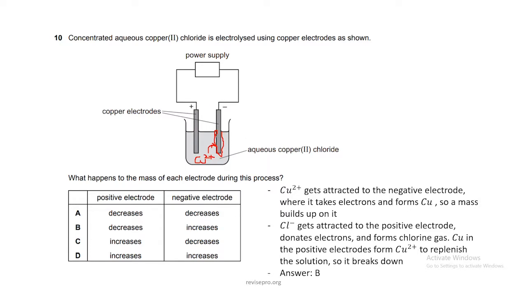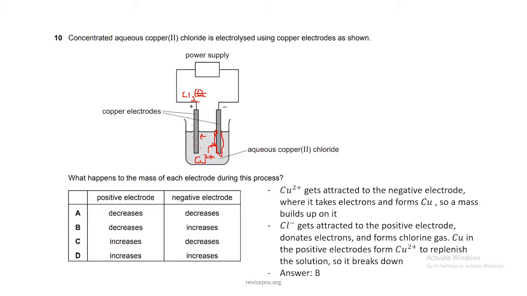Now chloride is Cl minus. Cl minus moves towards the positive electrode, where it gives away its electrons and forms chlorine gas. Chlorine gas would escape as bubbles all around near the positive electrode.